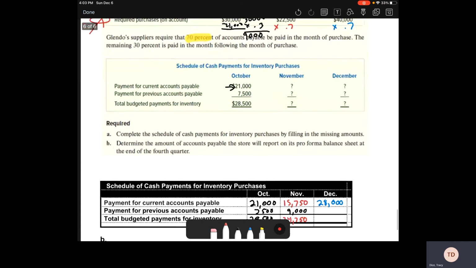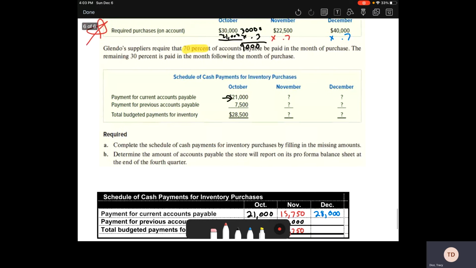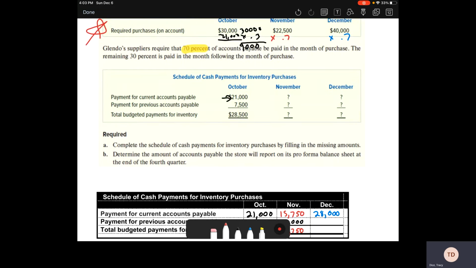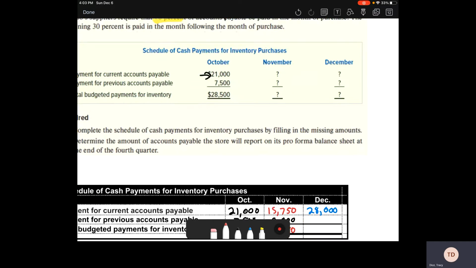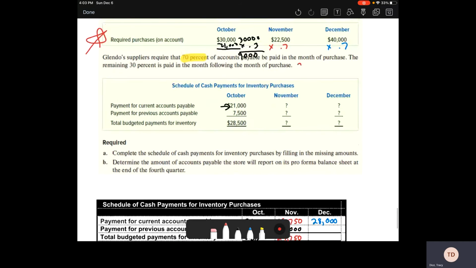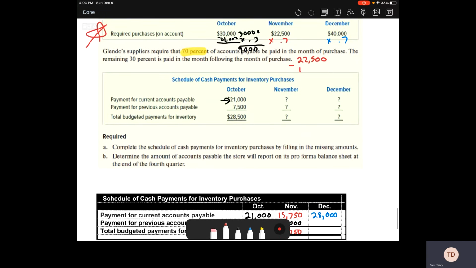So in November, we paid off $15,750. So again, we could take that $22,500 and subtract your $15,750, or you could take $22,500 times the 30%.